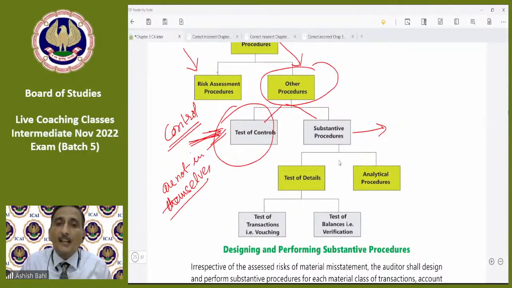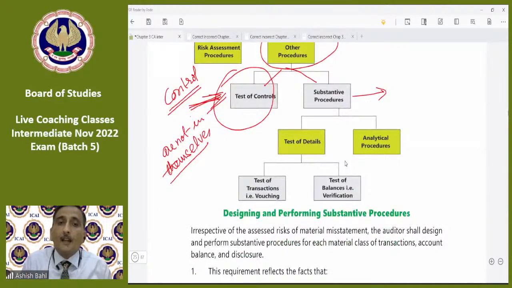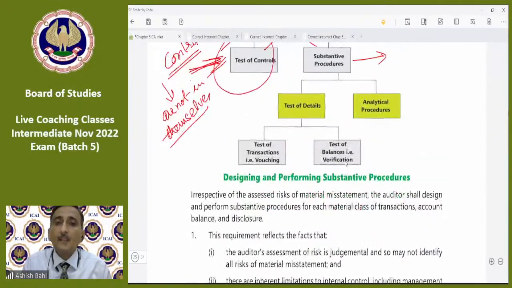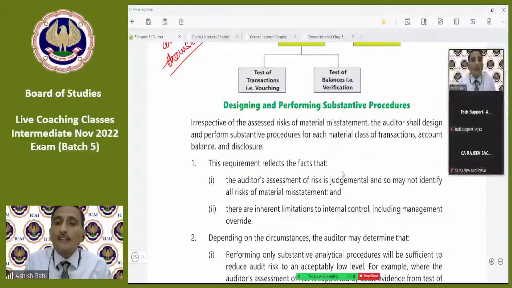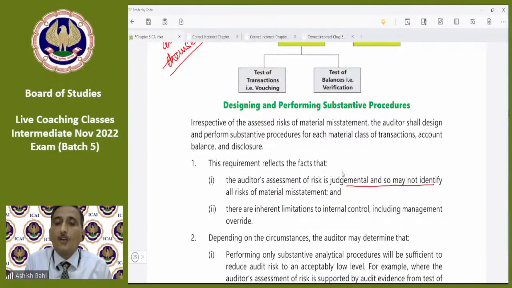But you would appreciate, students, that although the auditor may deploy tests of controls, these might not be useful. Why? Because of many things, like the auditor's risk assessment is judgmental. The auditor assesses the risk and it depends upon his judgment, and there are inherent limitations to internal control.